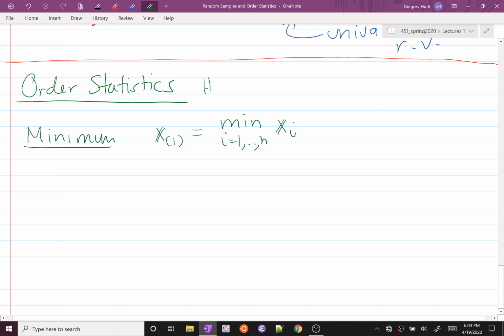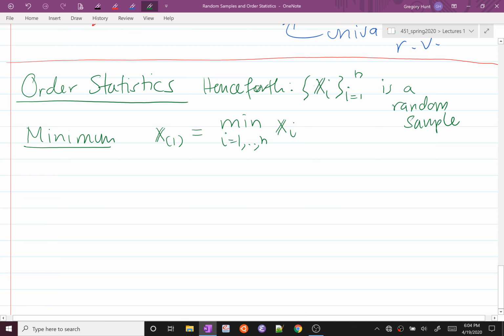So henceforth, we're assuming that we have some random sample, X of i, i going 1 to n, is a random sample. And X of 1, the minimum, the first order statistic, is the smallest of these.